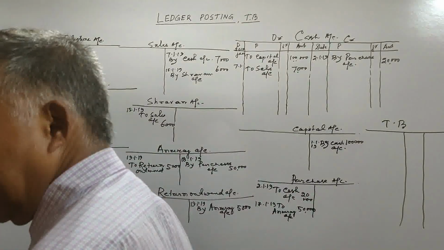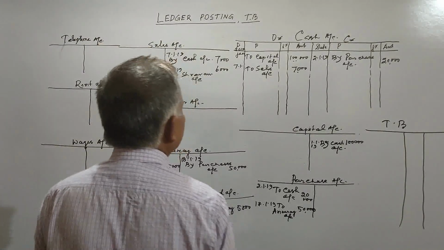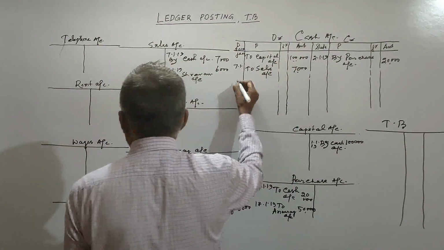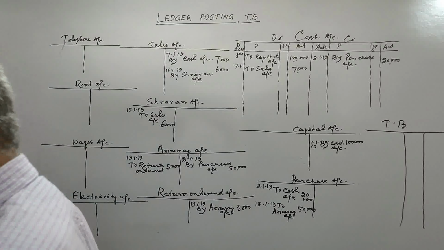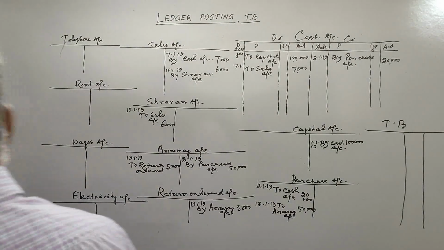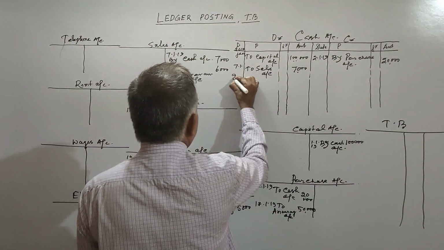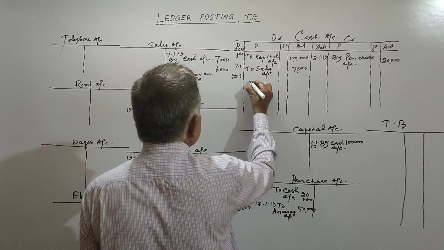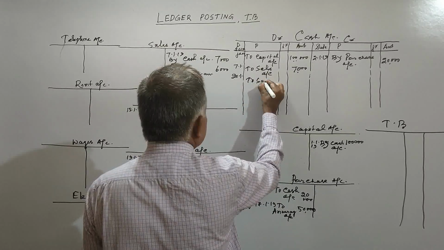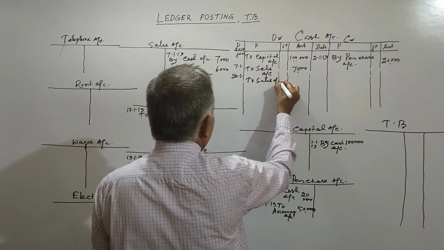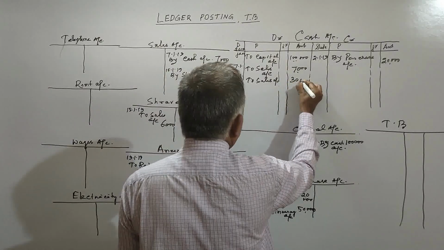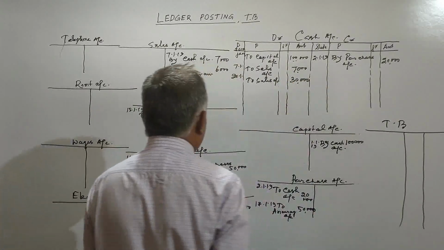This is on 19. Go to 20. Sold goods for cash 30,000. So cash account debit. This is on 20th. Sold goods for cash to sales account, your 30,000. Right.